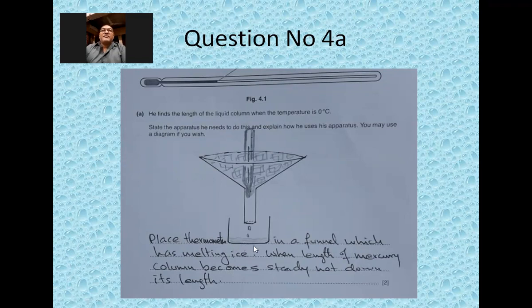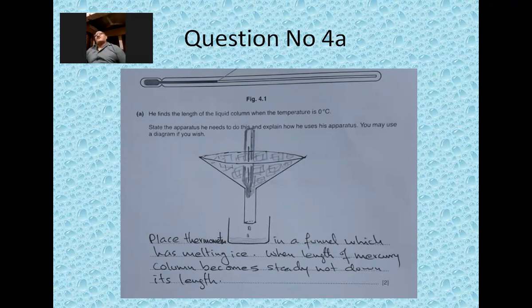I have placed a beaker below that funnel, and here we have a thermometer. Place the thermometer in the funnel which has melting ice. When the length of the mercury column becomes steady, note down its length.